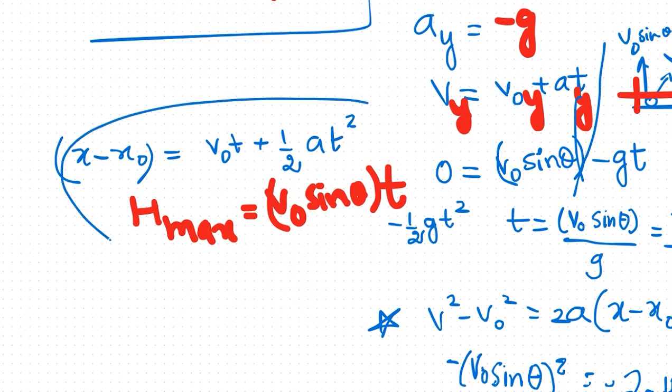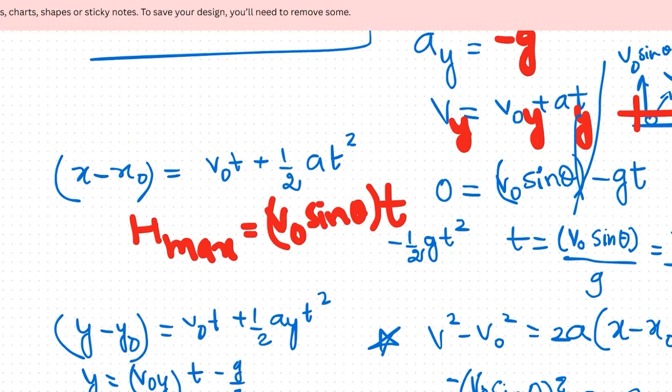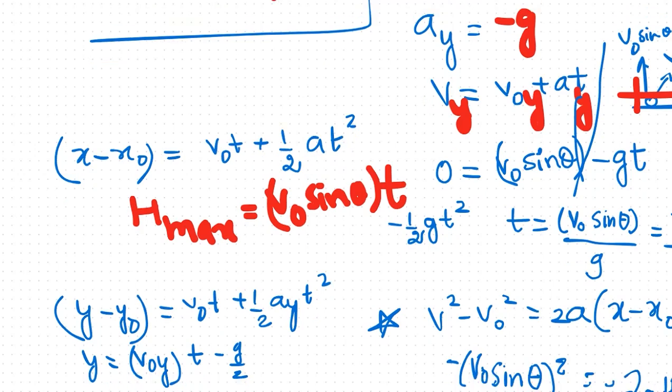In general, y minus y naught should be equal to v naught y t plus half a_y t square, right? If you place the origin at the initial point, y naught is 0. So y is equal to V naught y t minus g by 2 into t square.